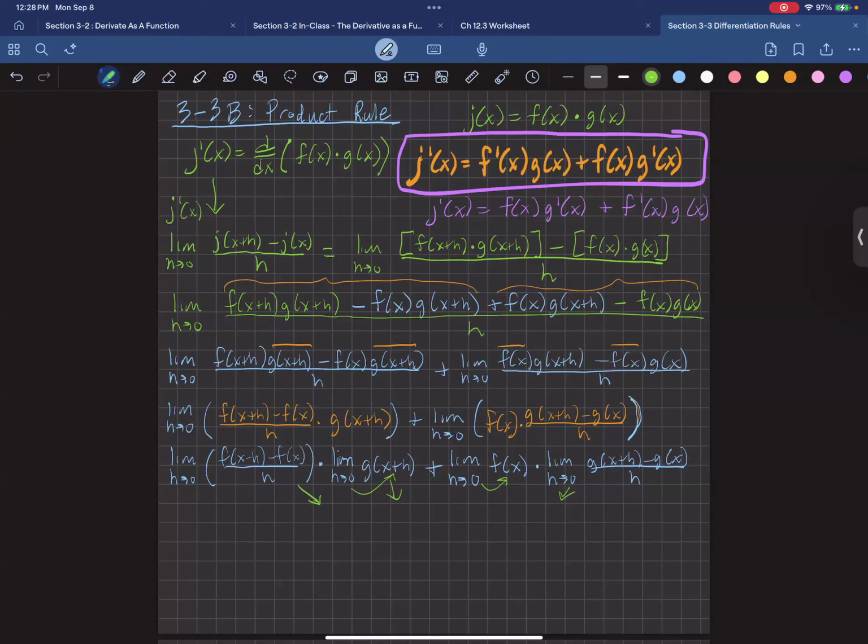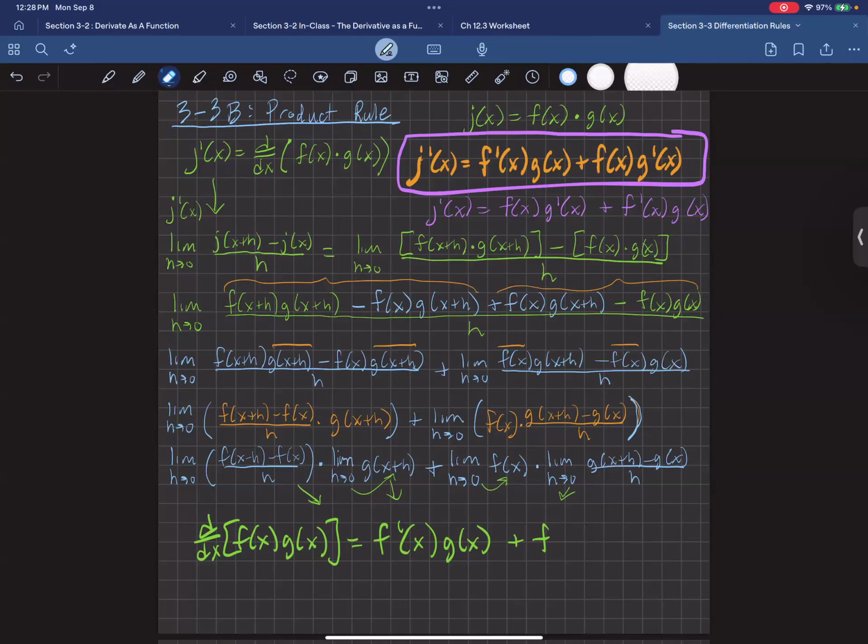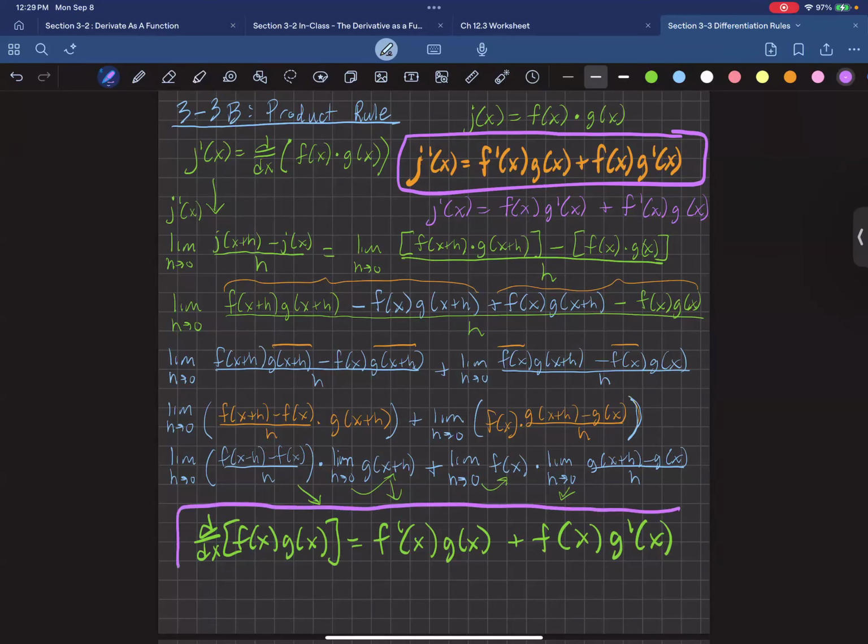We have d/dx of F of X G of X equals F prime of X G of X plus F of X G prime of X. That's avoiding the J up above. This is called the product rule.